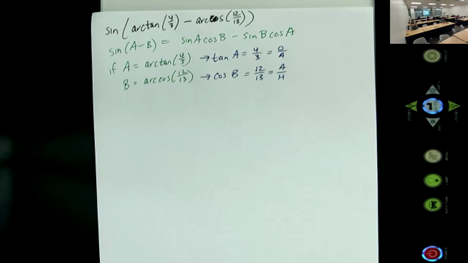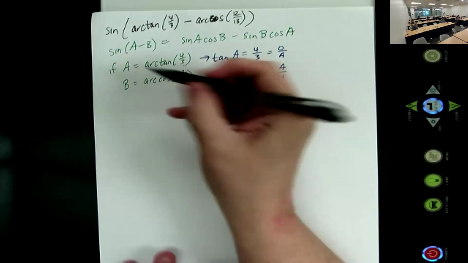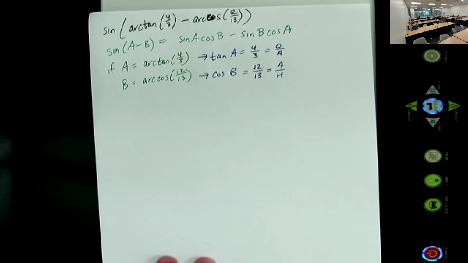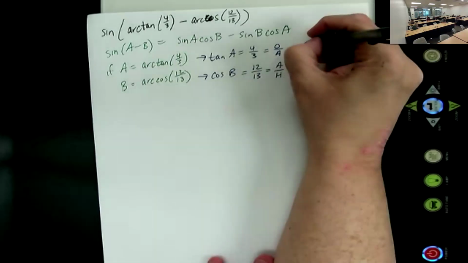So I'm gonna make 2 triangles. What quadrant should A be in? Where's tangent positive? 1 and 3, so we'll grab 1. We're gonna make quadrant 1 here.